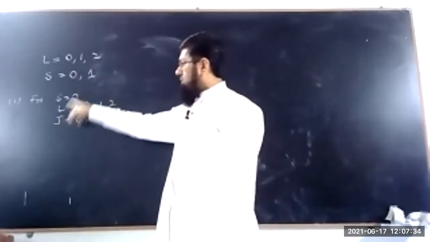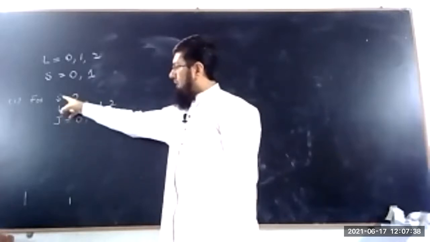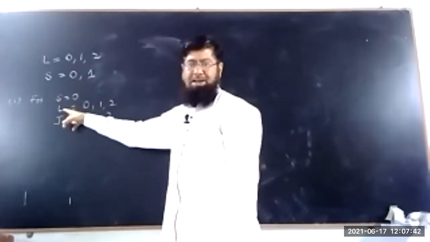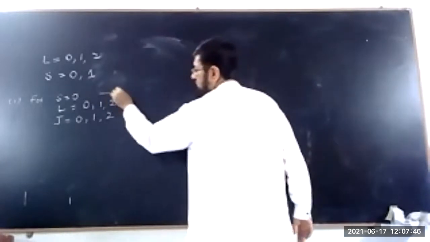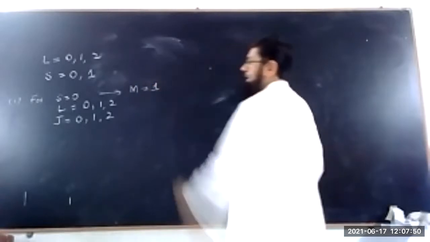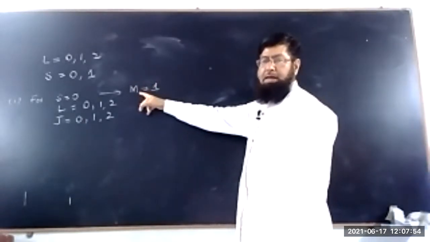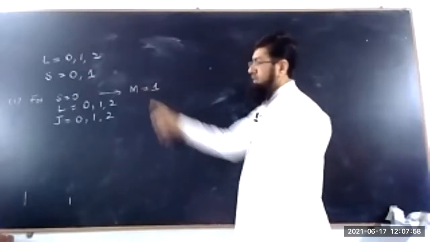Because spin is 0, J is equal to 0, 1, 2. Because J is equal to L plus S, and S is 0, it means the J value is equal to L. Spin 0 gives you the multiplicity which is equal to 1. Multiplicity is 2S plus 1. S is equal to 0, therefore the multiplicity is 1.